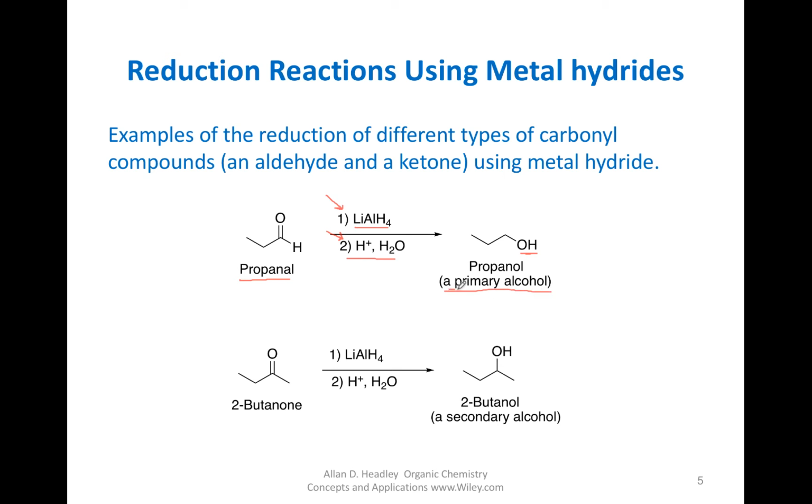So primary alcohols come from aldehydes. Ketones react with lithium aluminum hydride, followed by hydrolysis to give an alcohol functional group here, and that is a secondary alcohol coming from your ketone.